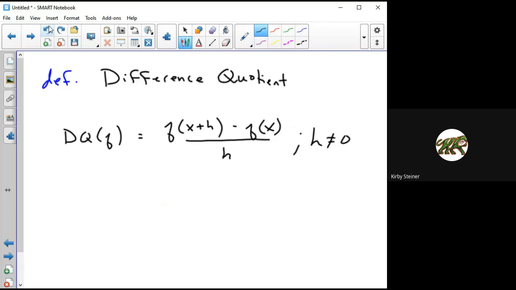Now, all we've done is a little bit of geometric algebra. In calculus, this you don't have to know for this class, but just for fun, we're going to ask the question, what if this h gets smaller and smaller and smaller?